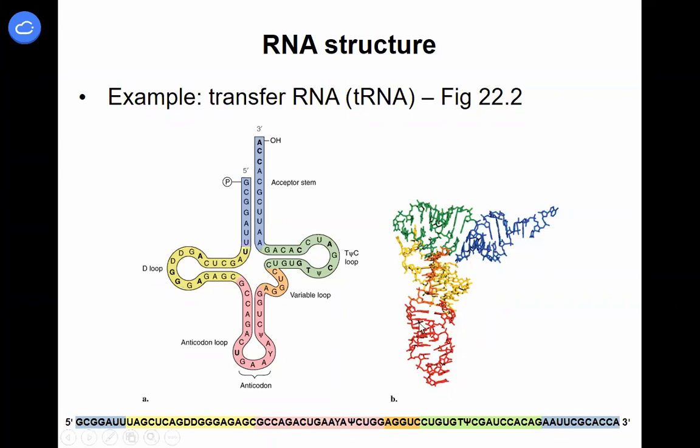This is just to make the point that DNA structure is pretty regular, right? You've got a B-DNA double helix, and it pretty much forms more or less the same structure regardless of the sequence. Whereas RNA structure can vary a lot depending on the actual sequence and how that sequence causes these base pairing regions to form. Okay, that's the basic point.